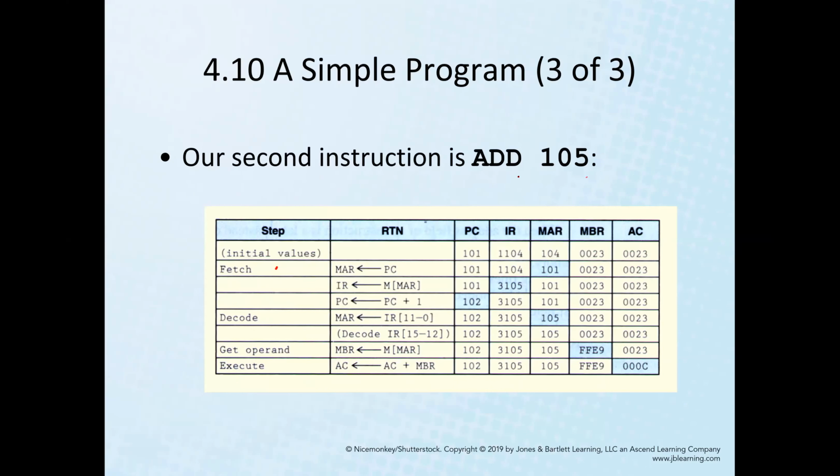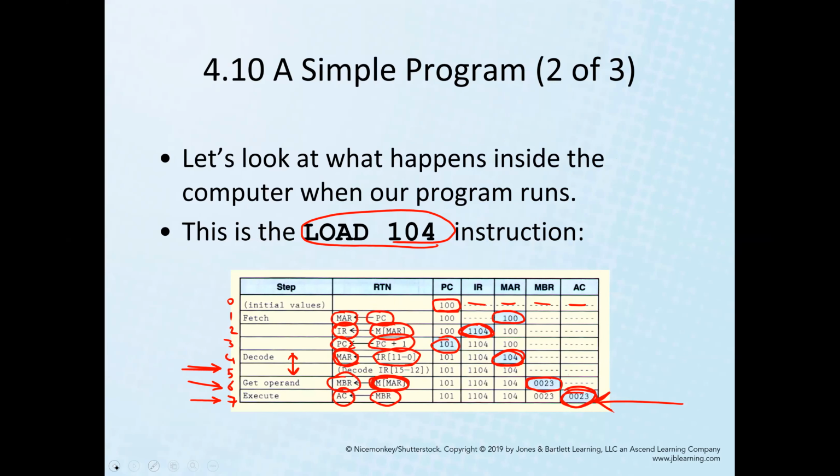Here is the RTN for add 105. Let's check the initial values of the registers. At this moment, the initial values of the registers are not unknown like in the previous slide, because the last cycle of the previous instruction, the load instruction, updated these values.